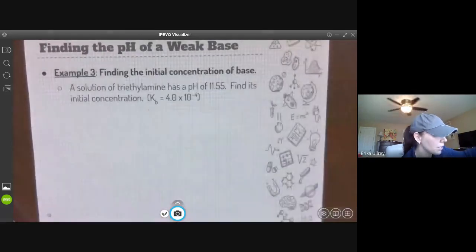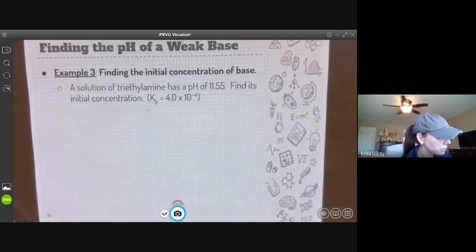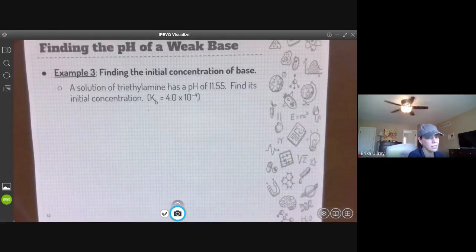Good. Last problem. So it tells us the pH. This is going to be a problem where we're going to have to work our way backward, right? It says a solution of triethylamine has a pH of 11.55.